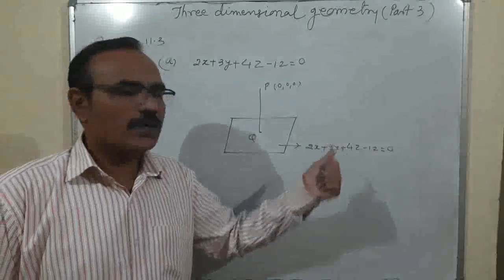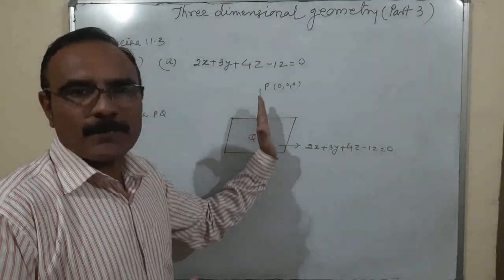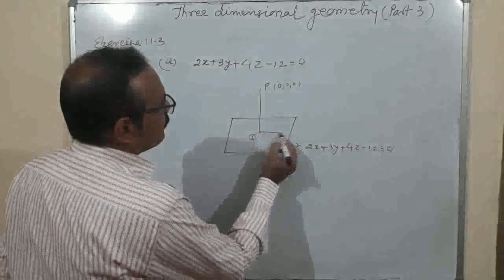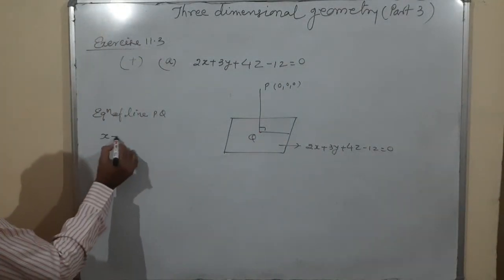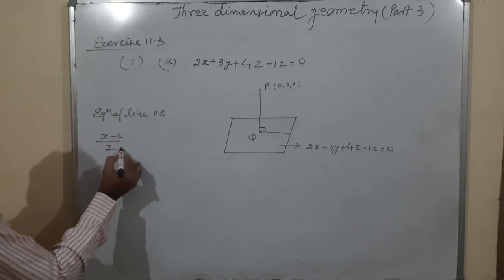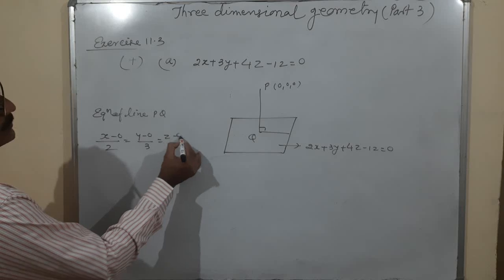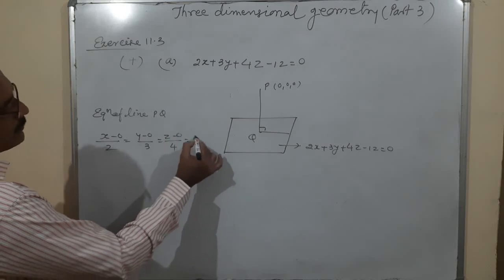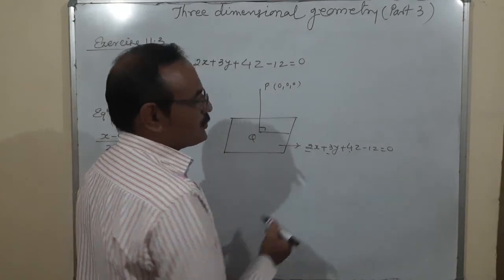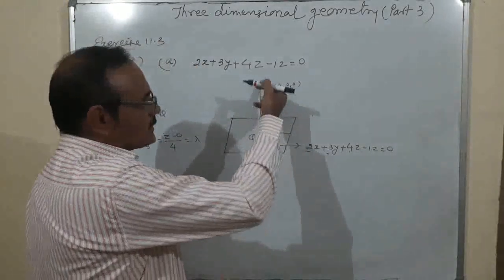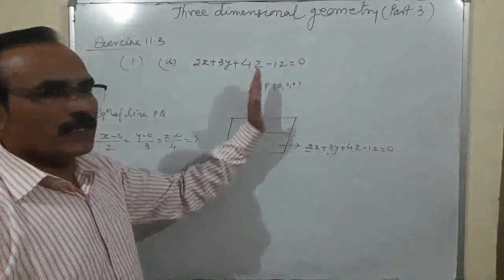Because 2, 3, 4 are the direction ratios of the normal of the plane and this PQ is perpendicular, so definitely it is the normal. So the equation of the line is x minus 0 upon 2 is equal to y minus 0 upon 3 is equal to z minus 0 upon 4 is equal to lambda, because the normal is parallel to the line.